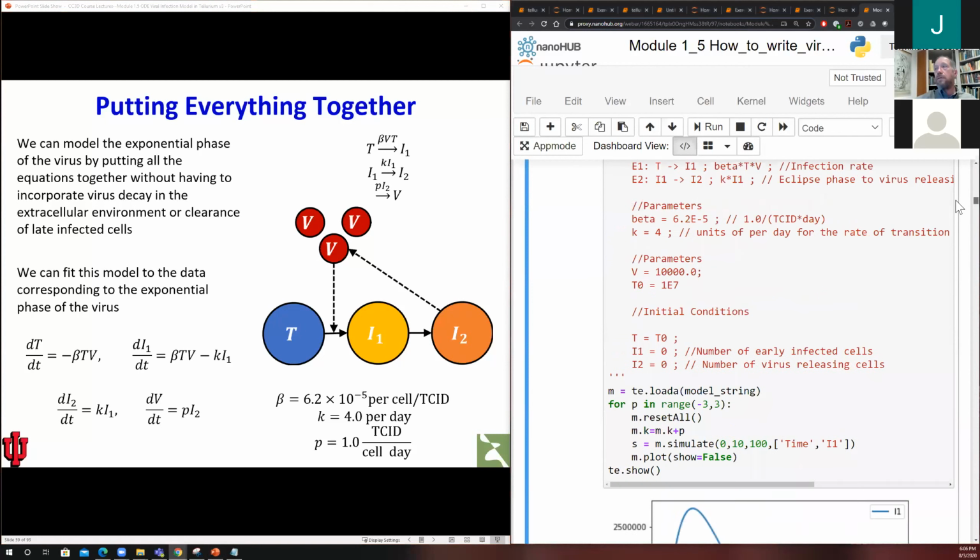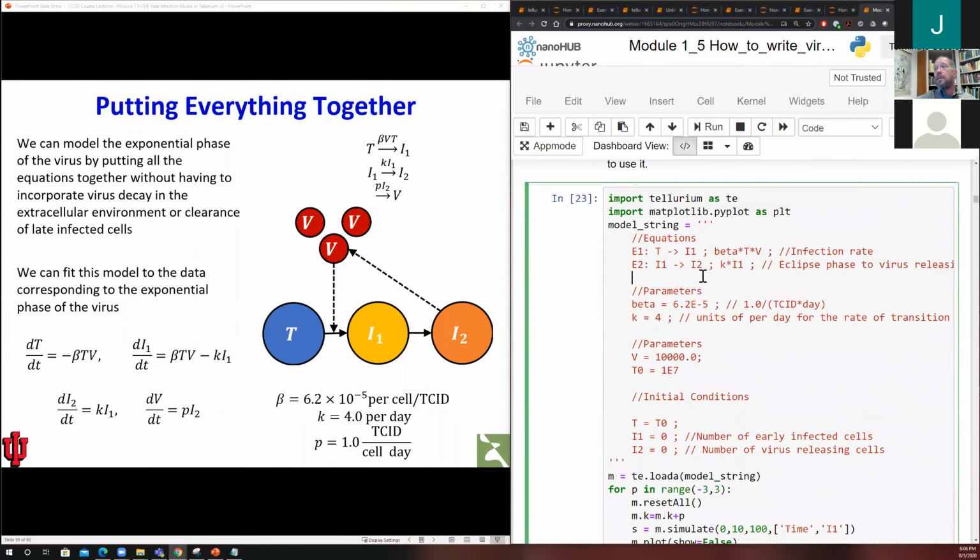And so what I want you to do now is add viral production. So I'm going to do it along with everybody else. Nothing goes to virus at a rate P times I2. This is virus production.